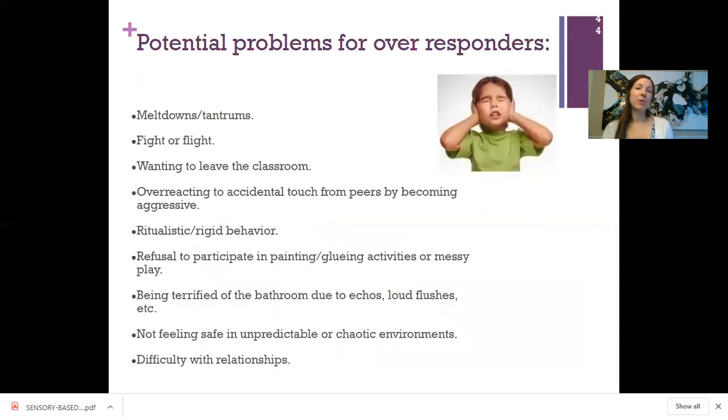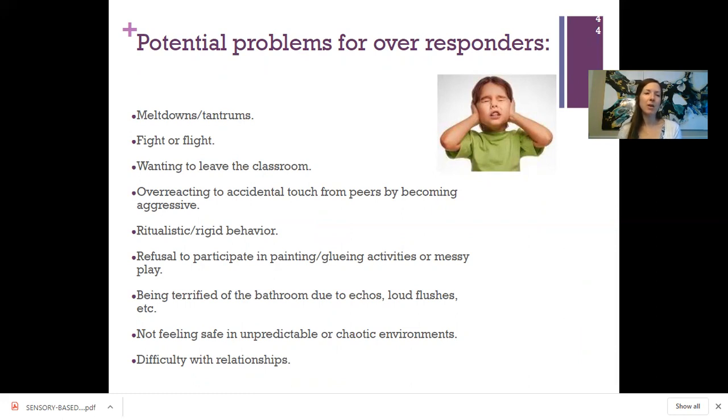Potential problems for over-responders: they have a lot of meltdowns and tantrums. They're in fight or flight a lot, very stressed. They may try to leave the classroom, or in the home environment they might try to flee, like if you take them to the grocery store. They might overreact to accidental touch and become aggressive, pushing or hitting other kids.